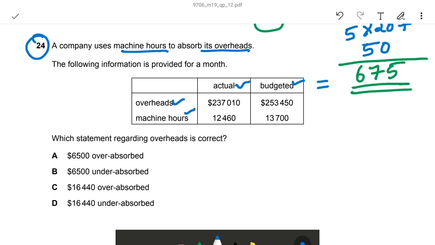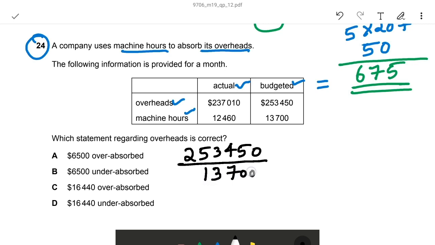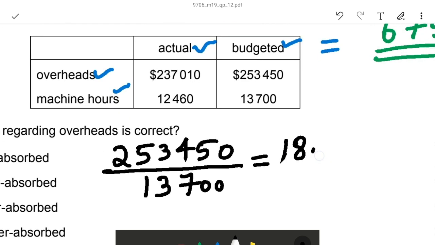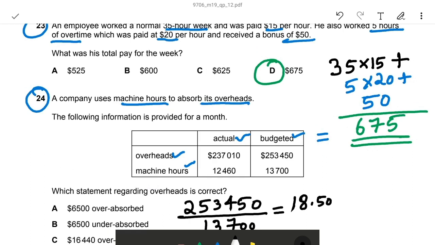Absorption rate is equal to budgeted overhead divided by budgeted machine hours. Budgeted overhead 253,450 divided by 13,700. That is 18.50, the budgeted absorption rate.